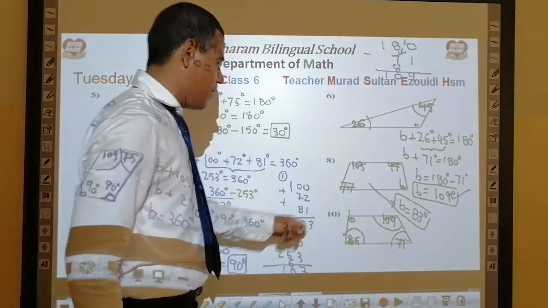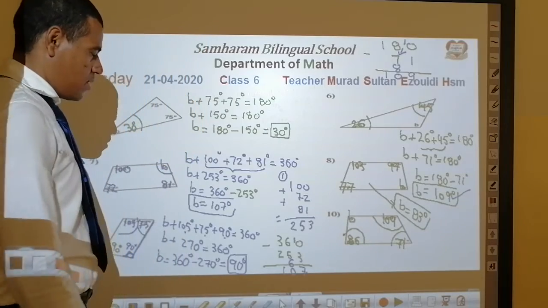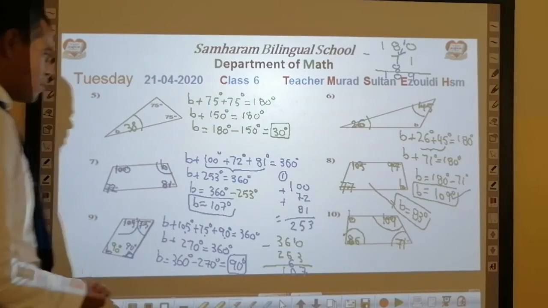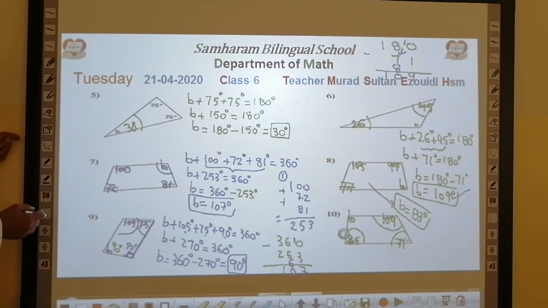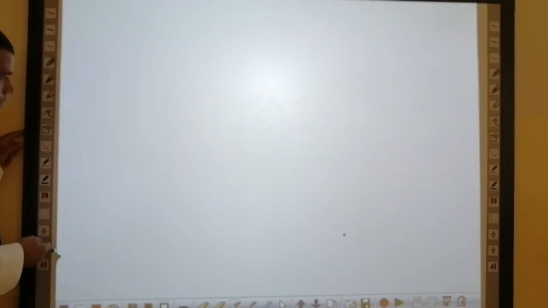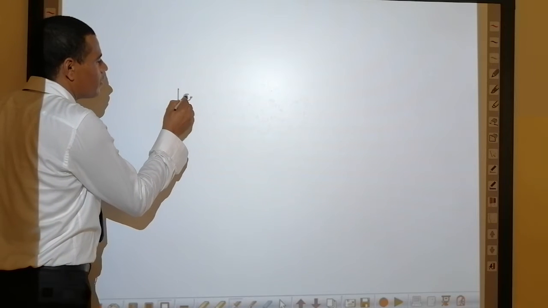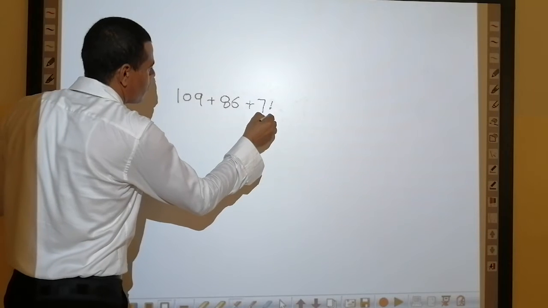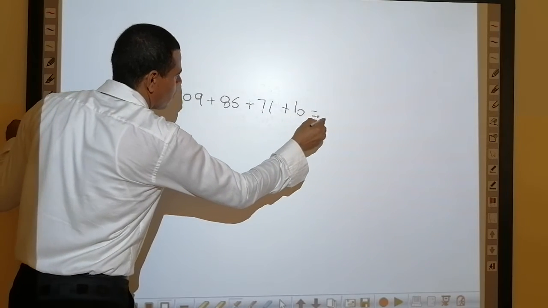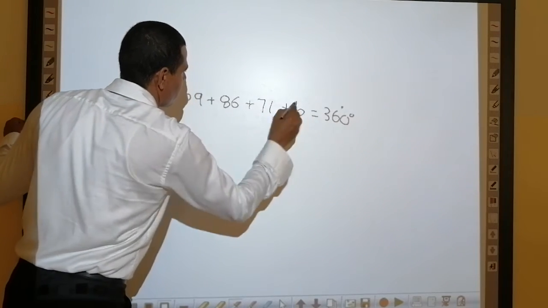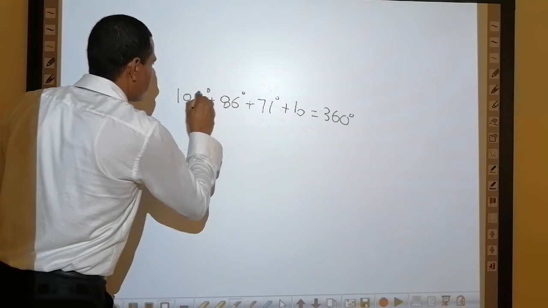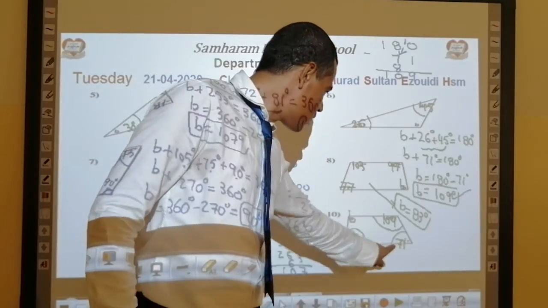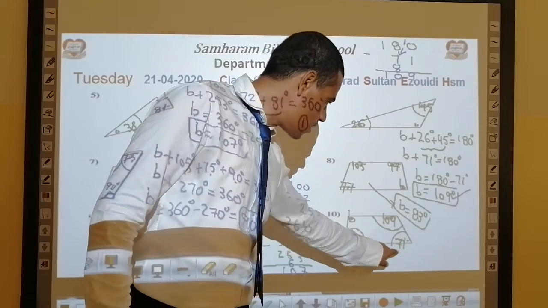The question is find B. So we have 109, 86, 71. 109 plus 86 plus 71 plus B should be equal to 360 degrees. Okay, let's check again: 109, 71, and 86.